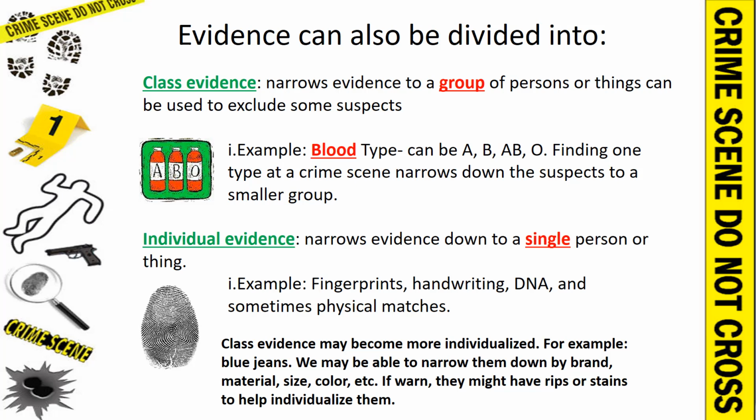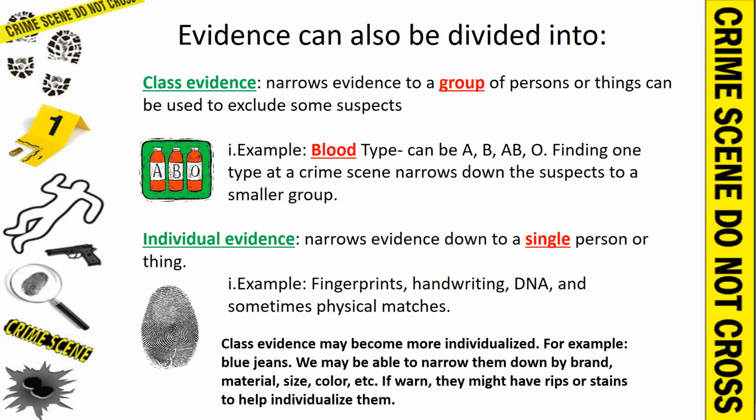All of those are classes. So it's just going to narrow it down to a larger group of people or types of evidence, examples of evidence that will help you eliminate some suspects into a smaller group that you can then work from there. Individual evidence is going to narrow it down to a single person.